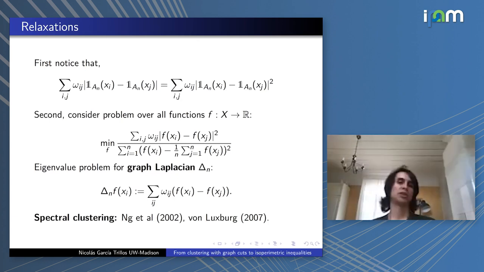of graph Laplacians. So basically the idea was, the Cheeger cut problem is nice and has a nice geometric interpretation, but maybe let's try to find relaxations that are much easier to compute. And that leads us to this eigenvalue problem for the graph Laplacian.